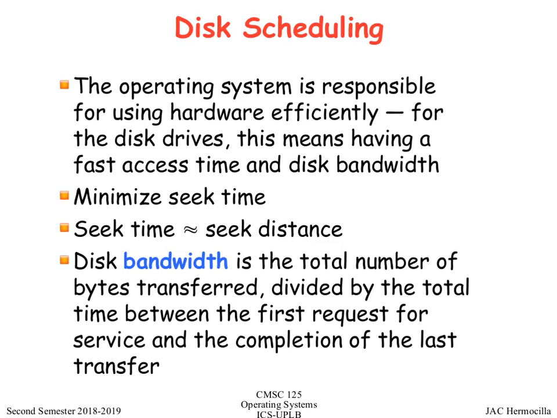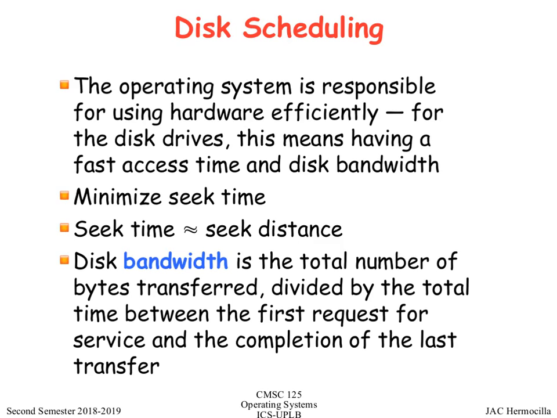Okay? So, the objective is minimizing seek time. Kumbaga, hindi mo na kailangan, minimize yung pag-ikot. Okay? Para makuha mo agad yung data. And also, yung bandwidth. Okay? You also want to achieve high bandwidth. Okay? This is the amount of bytes transferred divided by the total time between the first request for service and the completion of the last transfer.